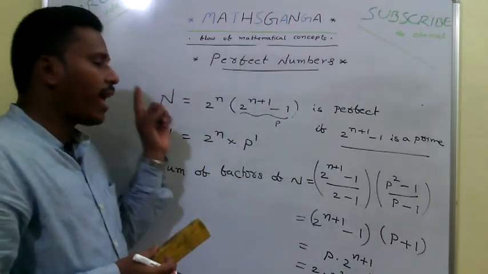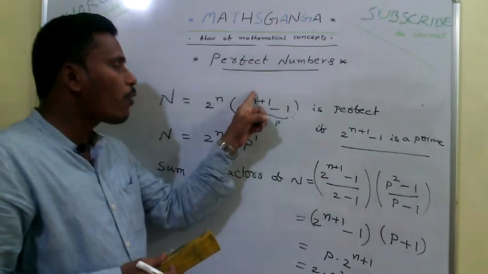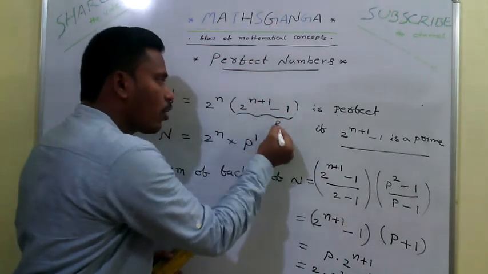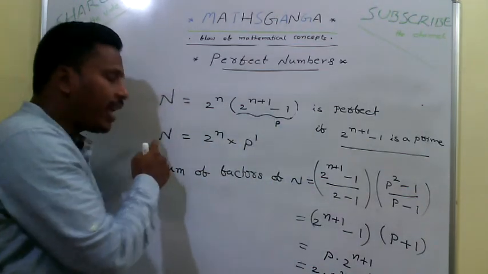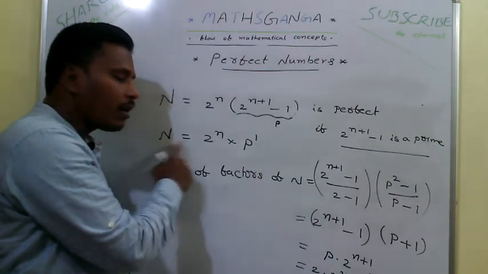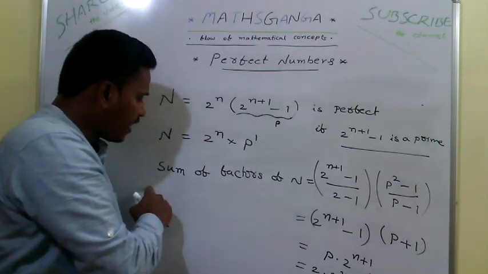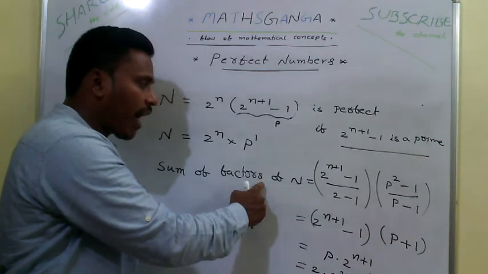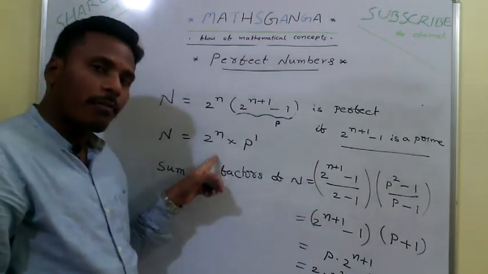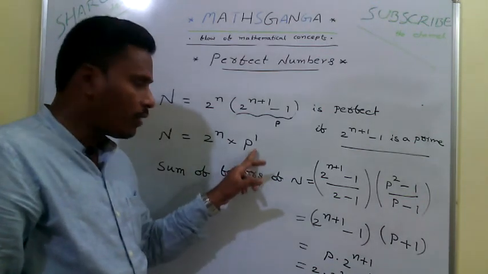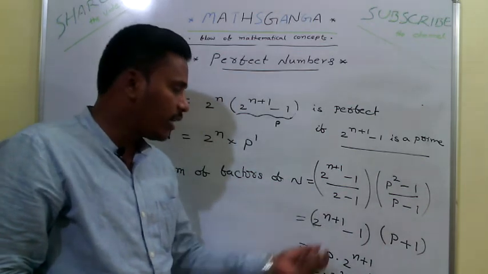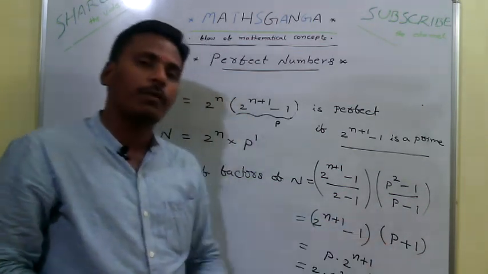So for the number n equal to 2^n into (2^(n+1) minus 1), taking the latter as prime, n is expressed as 2^n into p^1. For this prime factorization, calculating the sum of factors using the formula gives (2^(n+1) minus 1) by (2 minus 1) and (p^2 minus 1) by (p minus 1), which simplifies to (2^(n+1) minus 1) into (p plus 1).